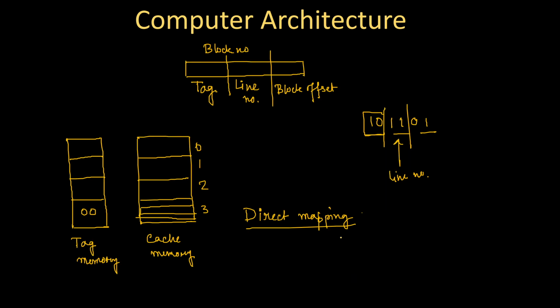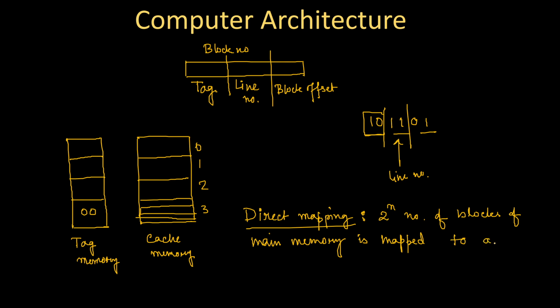Direct mapping is saying that 2 to the power n blocks of main memory are mapped to a particular line of cache memory.